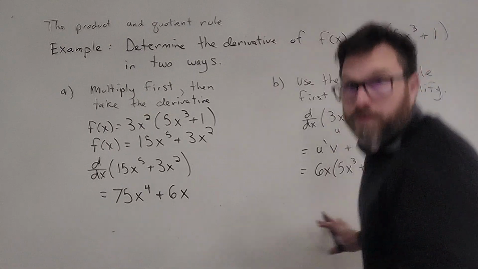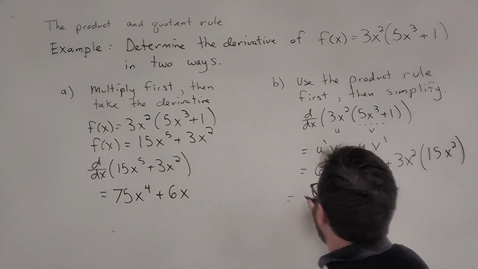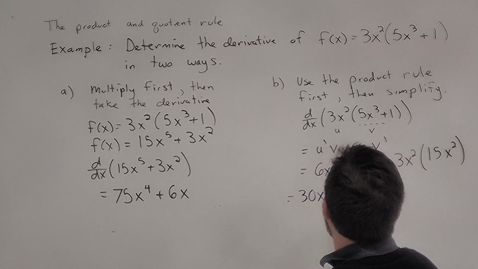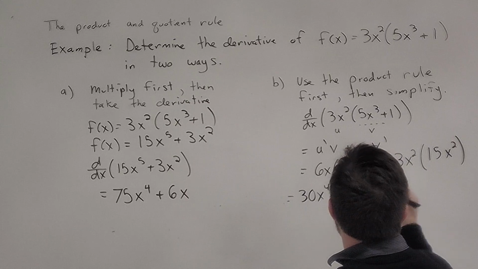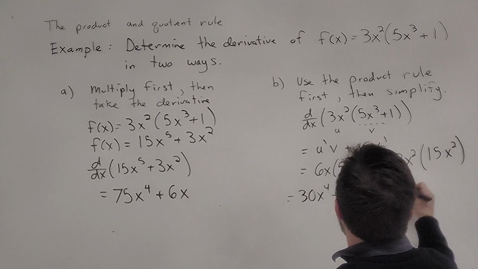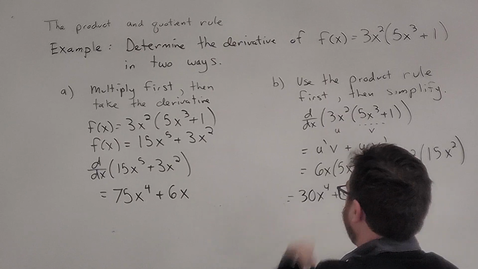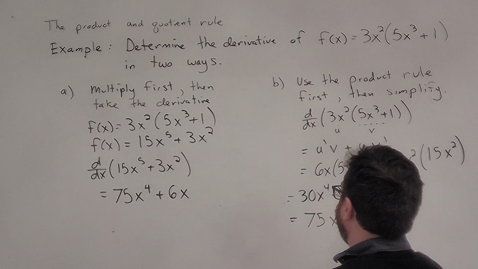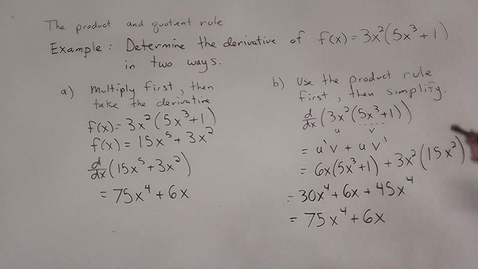So simplifying this, we have 6 times 5 is 30x to the 4th plus 6x, and then 3 times 15 is 45x to the 4th. And then when we add our 30 and 45, we get the exact same expression of 75x to the 4th plus 6x.